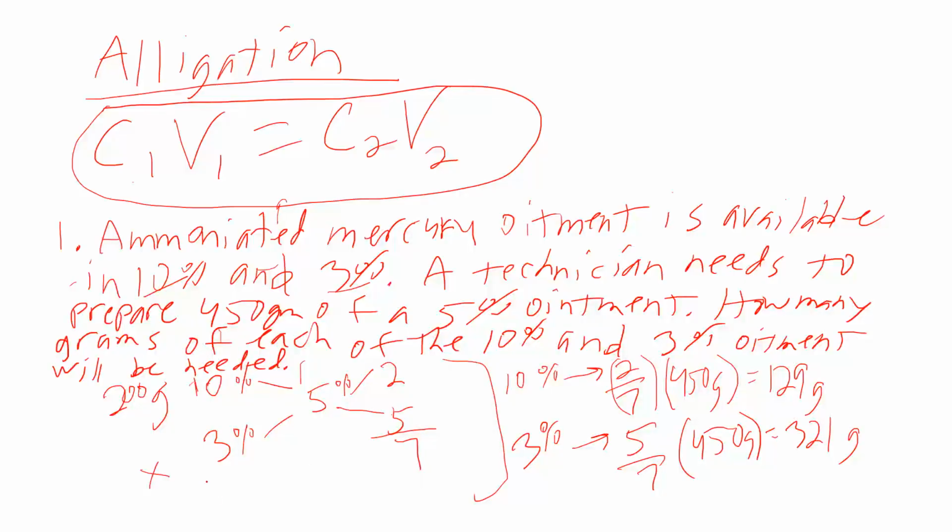Then you would just say 2 over 200 equals 5 over X. And then you can figure out X, and then you can figure out what's in here. Okay? All right, let's go to the next one.